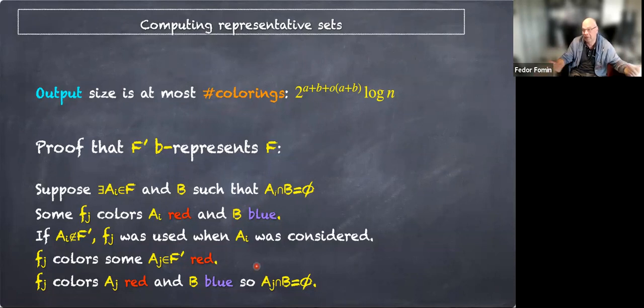So the family F prime contains the set Aj which doesn't intersect B. This means that the family F prime is a representative set.